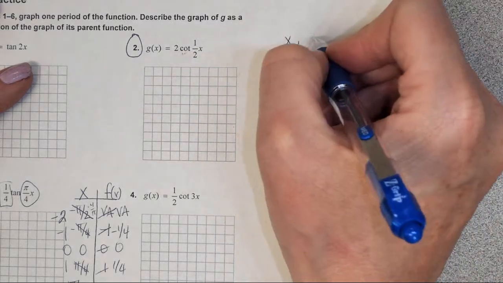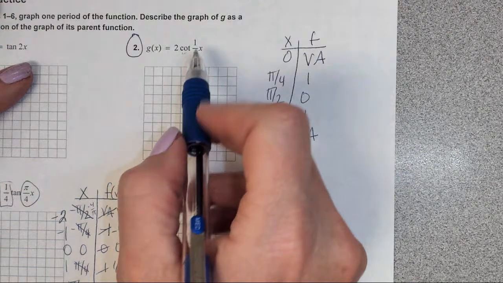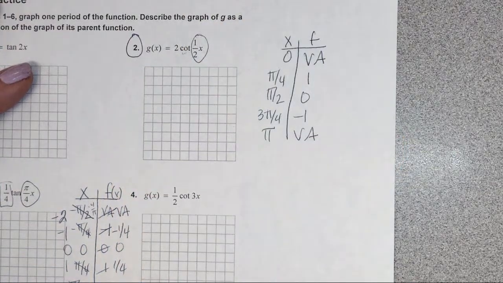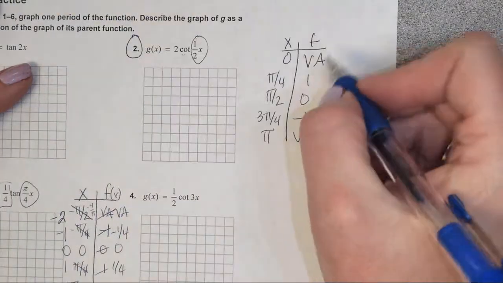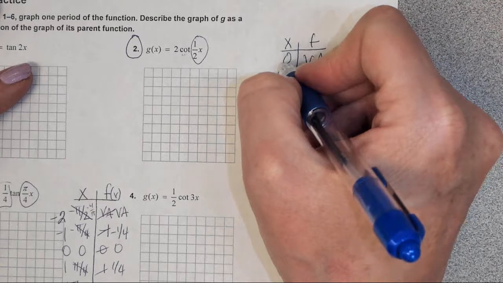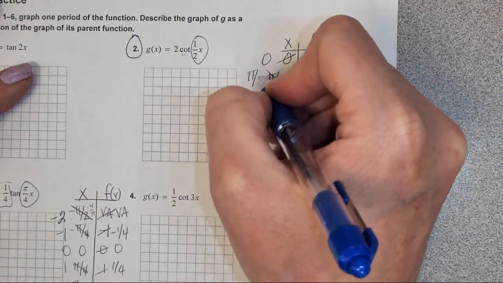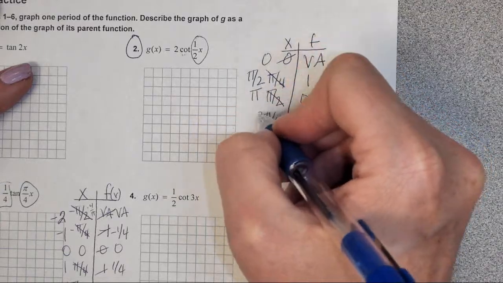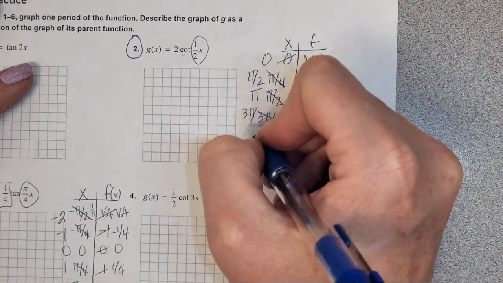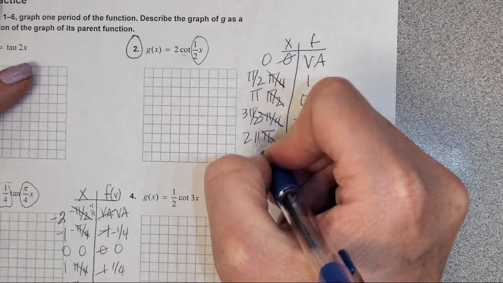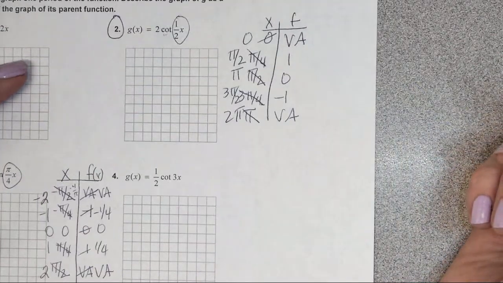Okay, so that's our original values. Now we're going to have to look at what happens. What's this going to do? Horizontal stretch by 2. So what do I do to all my x's? Multiply them by 2. Those would be my new x's.